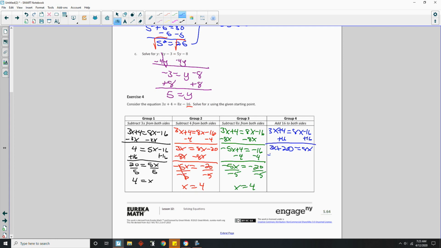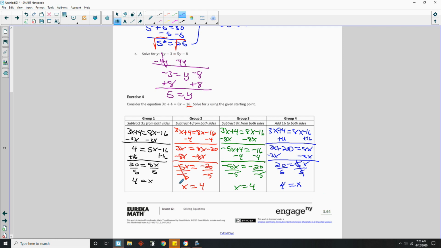Then I'm going to subtract 3x from both sides, to get all my x's on one side. These cancel, and I get 20 equals 8x minus 3x, which is 5x. Divide by 5, and the 5's cancel, and I get x equals 20 divided by 5, which is 4.